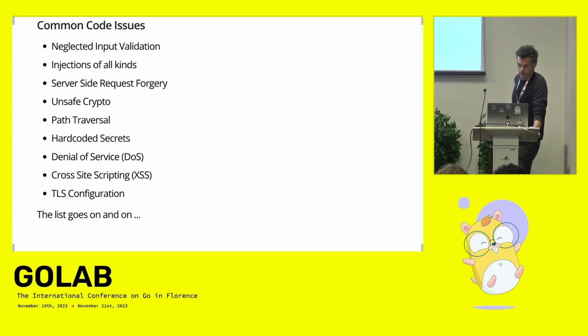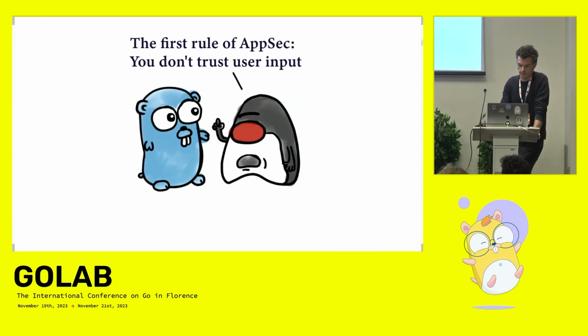TLS configuration as well. I think the client side of TLS is much more secure these days in Go, so it's much more difficult to start with an insecure configuration. I think the Go team did great work to come up with very good defaults for the client side, but still you can, let's say, configure insecure ciphers and expose yourself.